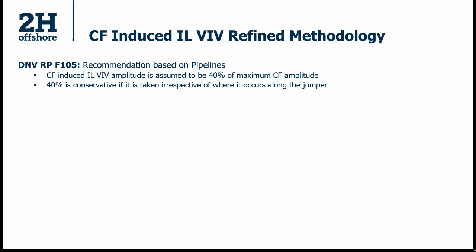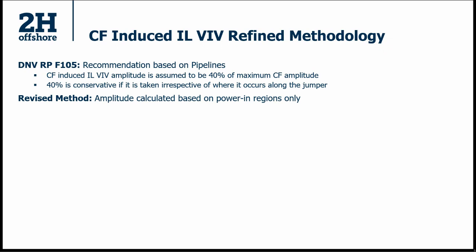Also, the vibration mode that you choose is twice the frequency of your cross-flow mode. So basically, you're choosing a mode which is twice the frequency, and you're applying 40% of the amplitude. When we did this, we saw that the fatigue lives were very low, in the order of minutes or hours in some cases. So we had to do a bit more digging and use some engineering judgment.